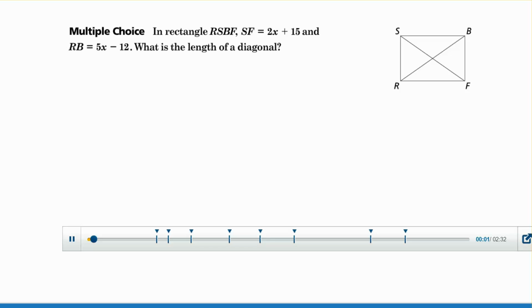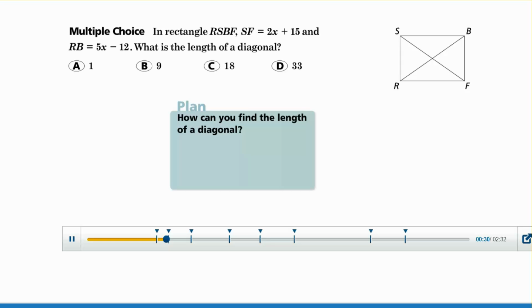In this problem, you will find diagonal lengths. In rectangle RSBF, the length of segment SF is 2 times x plus 15, and the length of segment RB is 5 times x minus 12. What is the length of a diagonal? Your choices are A, 1, B, 9, C, 18, or D, 33.